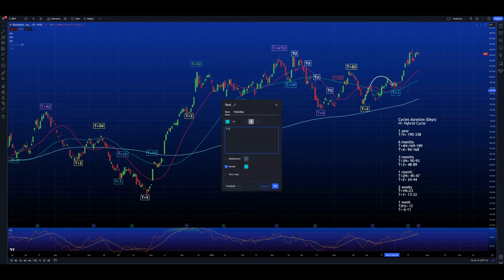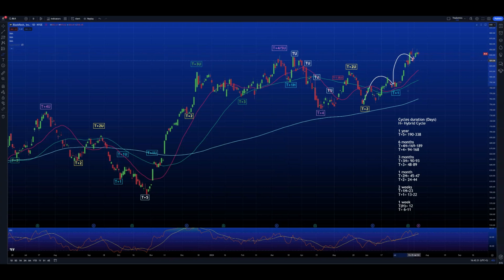And on this low here, we might have also potentially the close of a T plus 2 at 34 bars, even if we still have time to close the second T plus 2.